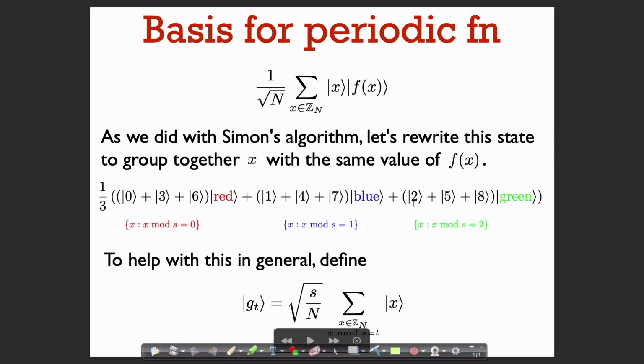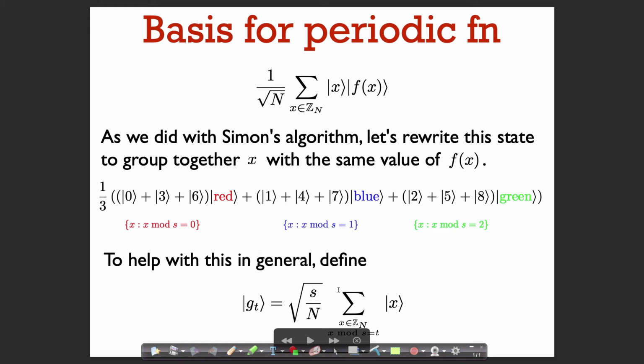And when x is 2, 5, or 8, it maps to green. Let's see more generally what this is going to look like. What do we have here? 0, 3, and 6: we have all the elements of Z_N that are equal to 0 mod s. And 1, 4, 7 are all the elements of Z_9 that are 1 mod s. And here's everything that's 2 mod s.